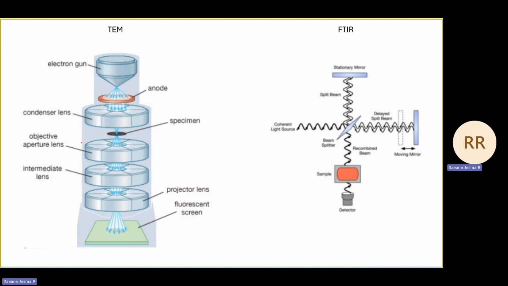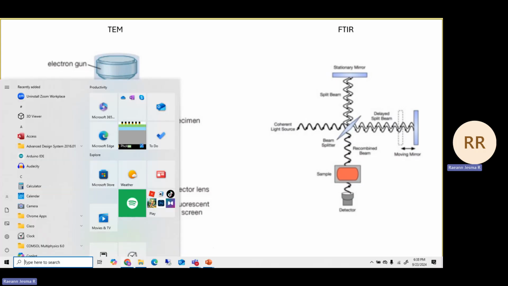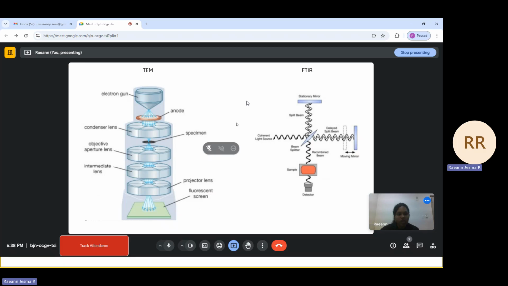TEM is transmission electron microscopy. Here the working principle is similar to that of a light microscope, and since we are using electrons to image the sample, it has a better resolution compared to an optical microscope.